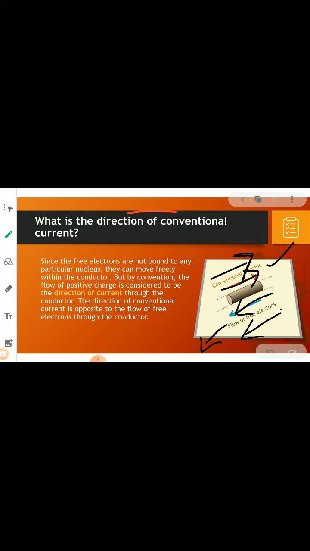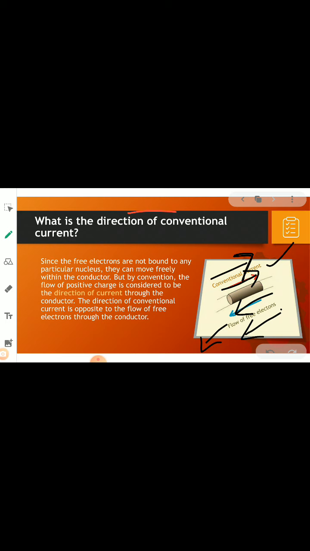Once again, I'll repeat. What is electric current? It is the flow of free electrons with respect to time in a given direction is called as electric current. So, definition of electric current will come for 1 mark. It is important. Next, the SI unit of electric current. The SI unit of electric current is ampere or coulomb per second.